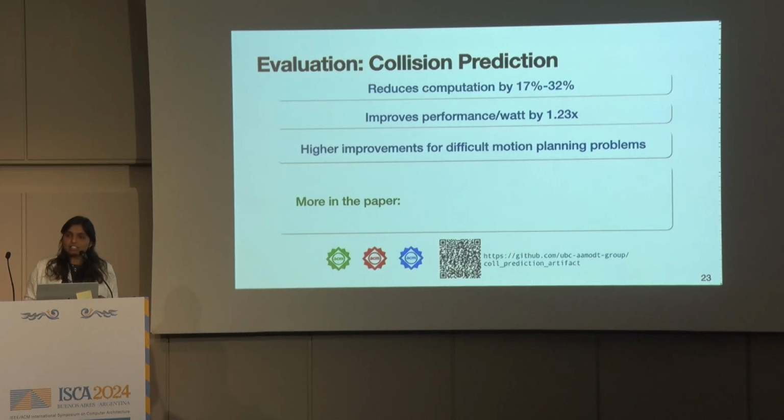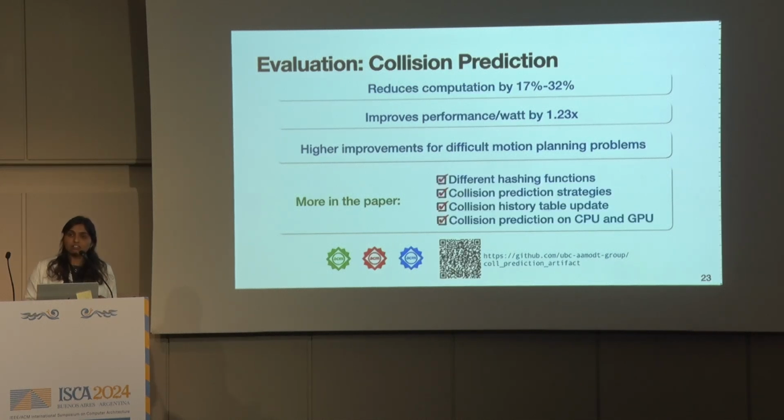In the paper, we discuss several aspects in more detail, such as different hashing functions, collision prediction strategies, and collision history table update strategies, and how these design aspects affect precision, recall, energy efficiency, and computation reduction. And finally, collision prediction evaluation for CPU and GPU-based collision detection.